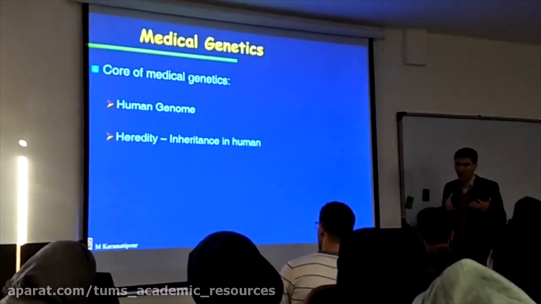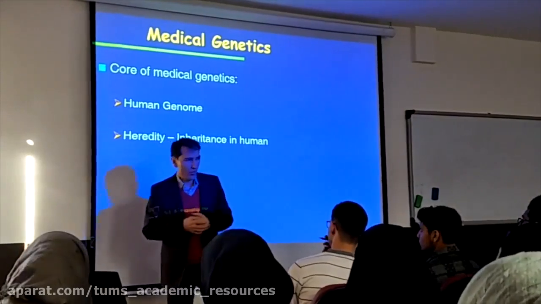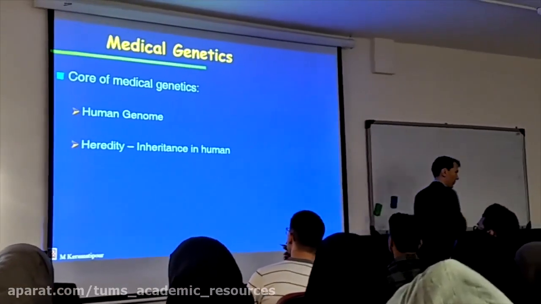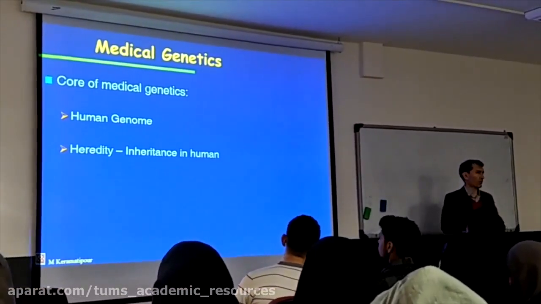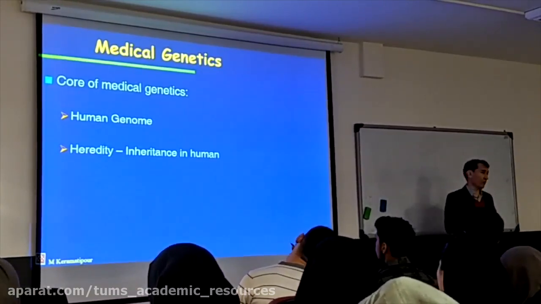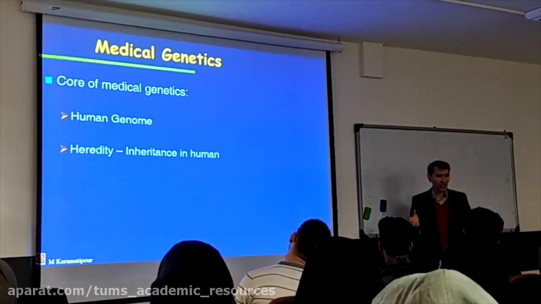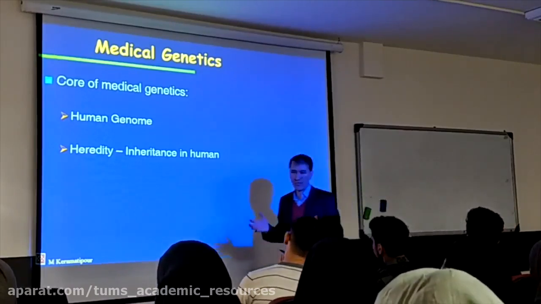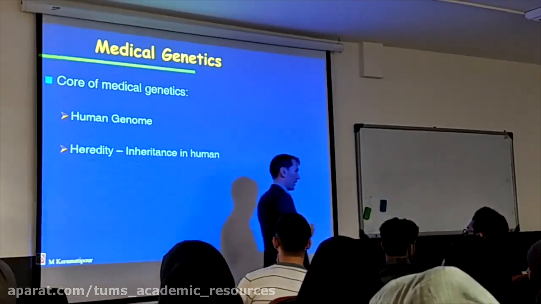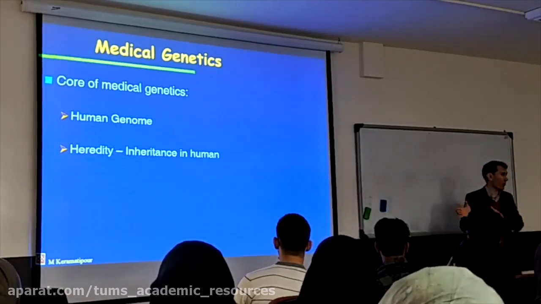If you assume medical genetics as a subspecialty, like cardiology, gastroenterology, neurology, nephrology, we should have an organ, because every subspecialty has its own organ or system. For example, if you ask a cardiologist what the organ is, it's the heart and the circulatory system. For the nephrologist, the kidney and urinary system is the organ and system they focus on. And for the geneticist, the genome is the organ.